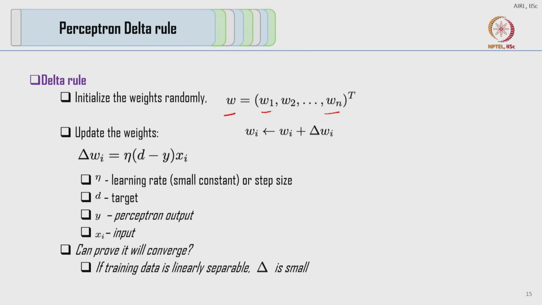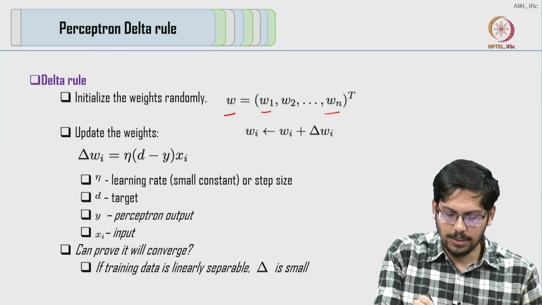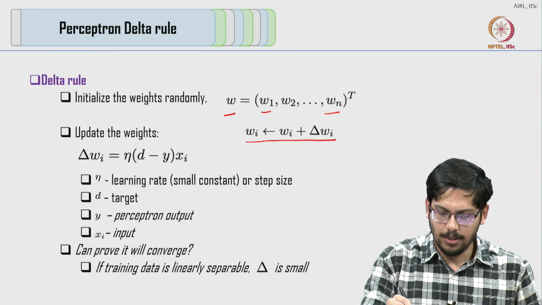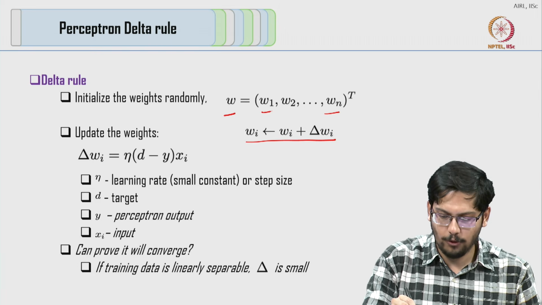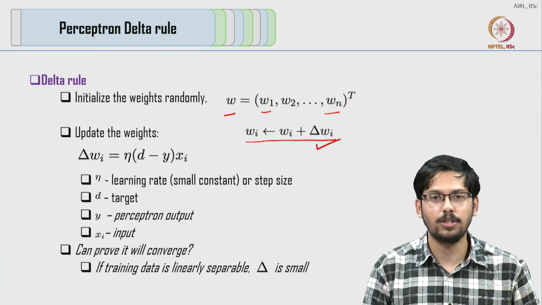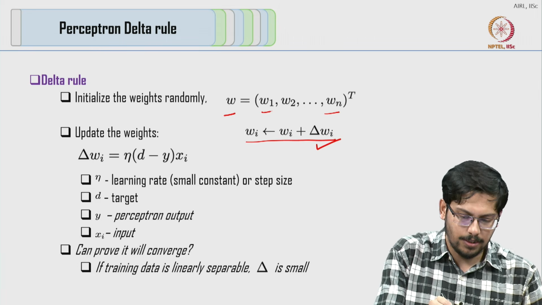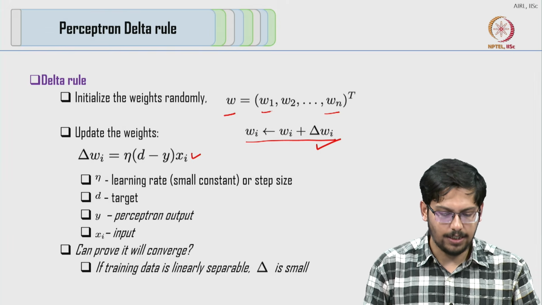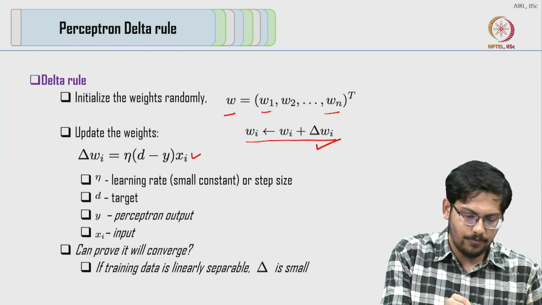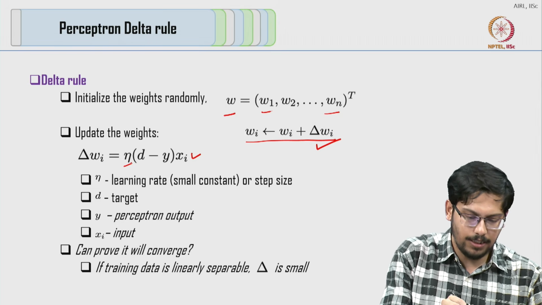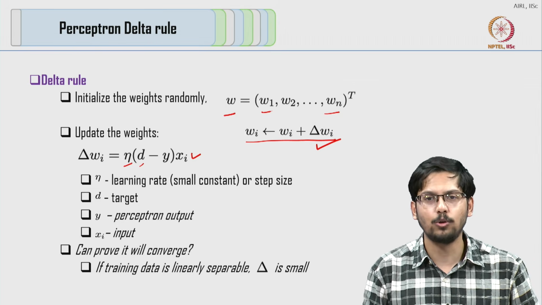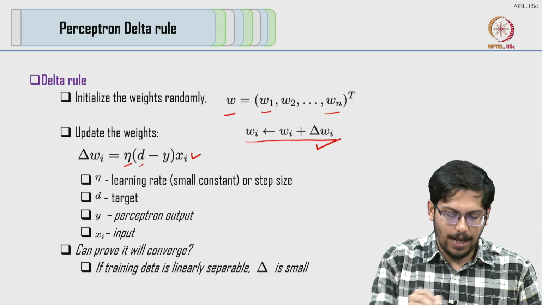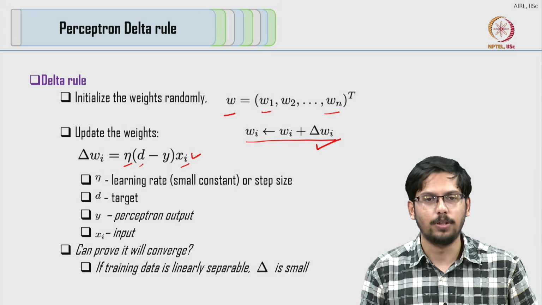We want to update these weights using W is equal to W plus delta W. Now the formula for delta W according to the perceptron delta rule is delta W is eta times d minus y times xi, where eta is the learning rate, d is the target or the ground truth label, y is the perceptron output, and xi is the corresponding input.